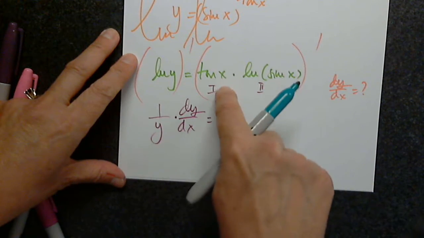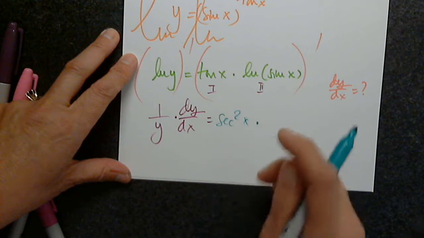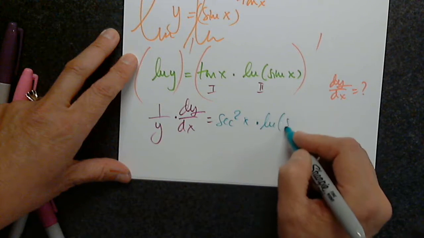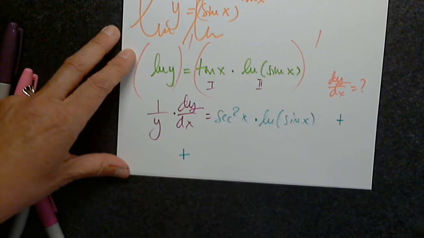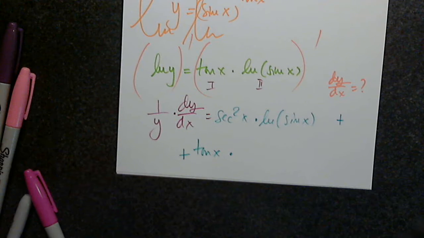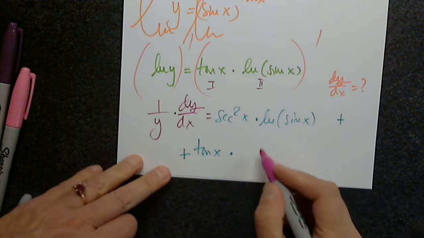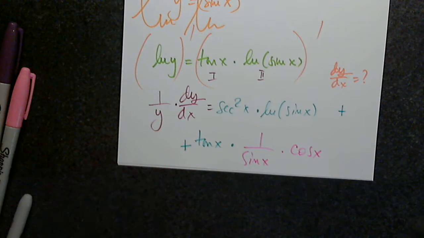We differentiate the first function and we get that times the second function plus the first function, but now I have to be very careful because I'm differentiating natural log of sine x. So indeed, 1 over sine x multiplied by cosine x. Great job.